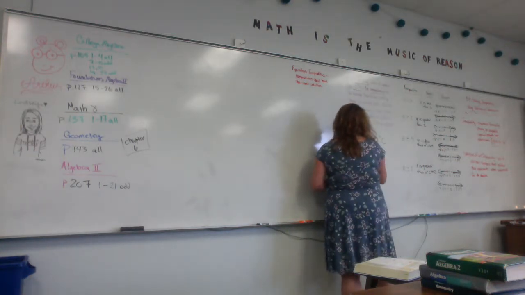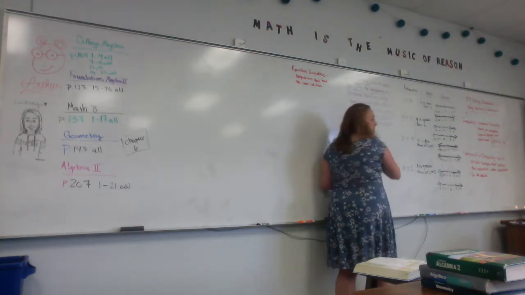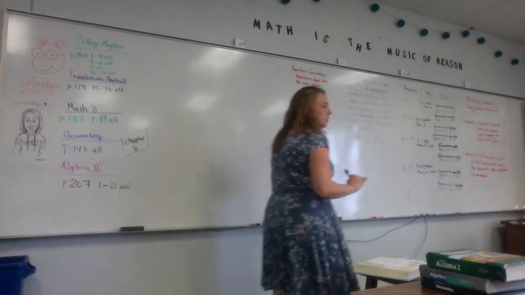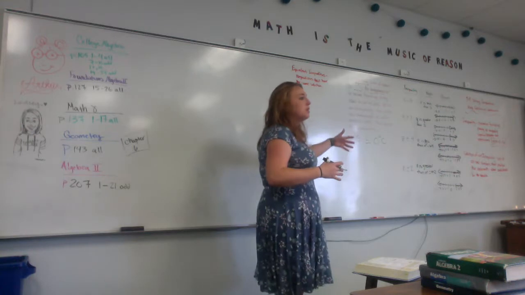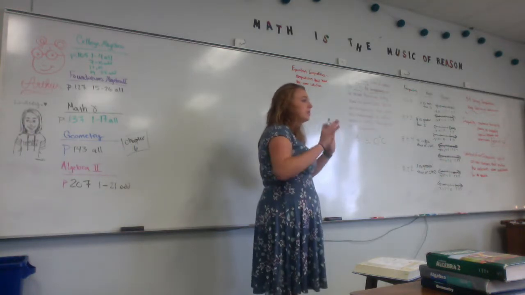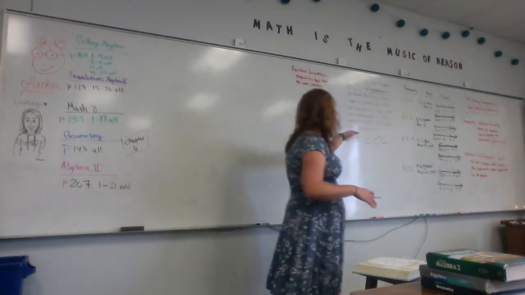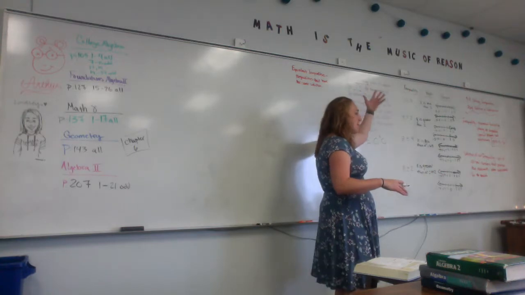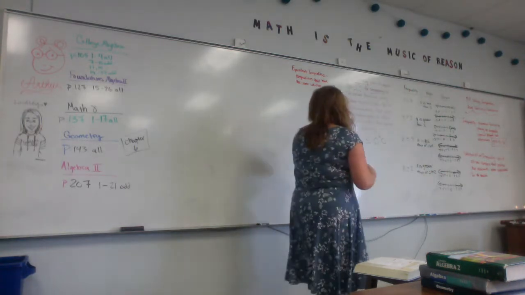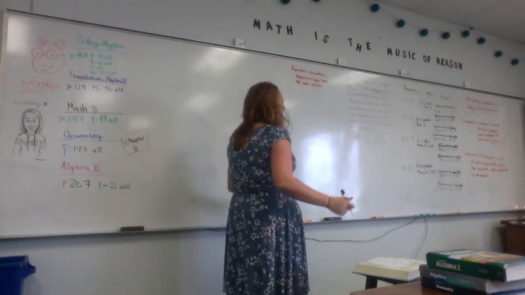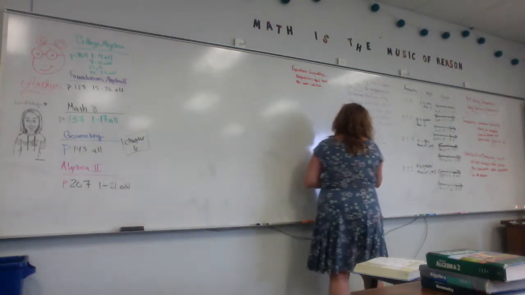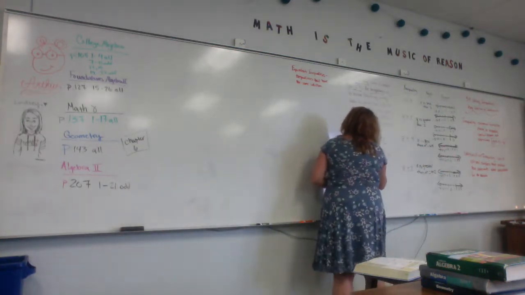So the temperature is less than or equal to 0 degrees Celsius. There's my inequality, okay? Don't make it harder than it is. You can put an X there, you can put a Z there, you can put whatever variable you want, I don't care. I just chose T because we're dealing with temperatures and my mind goes to that, okay? So the temperature is less than or equal to 0 degrees Celsius. Now, how do I graph that both of my ways?